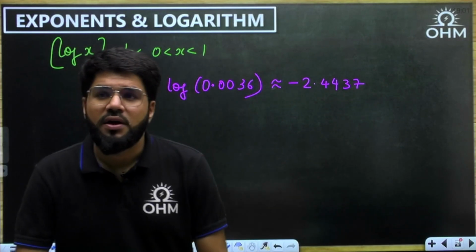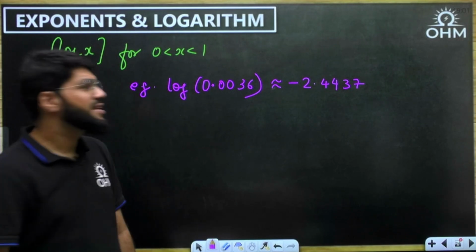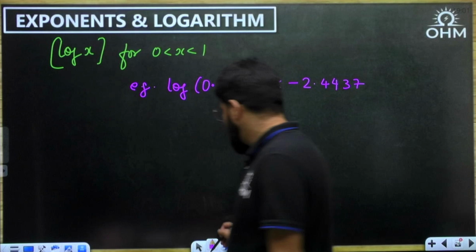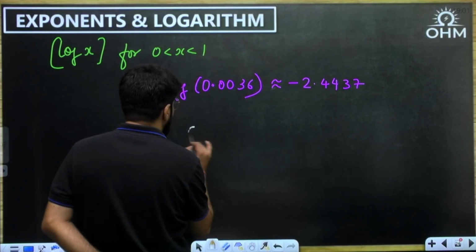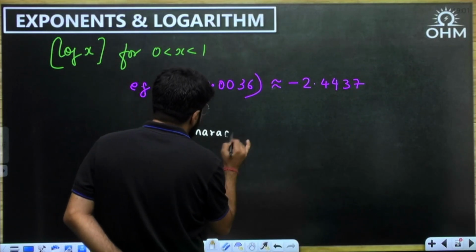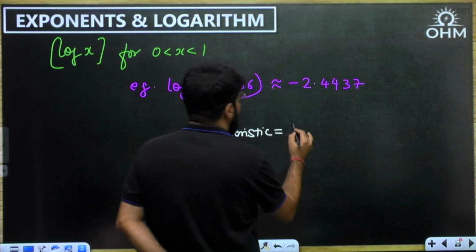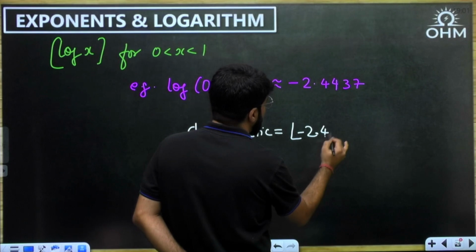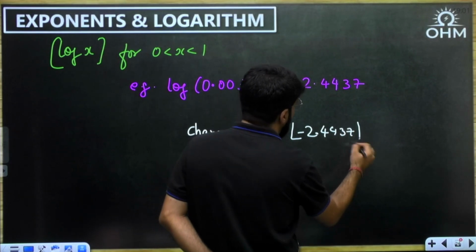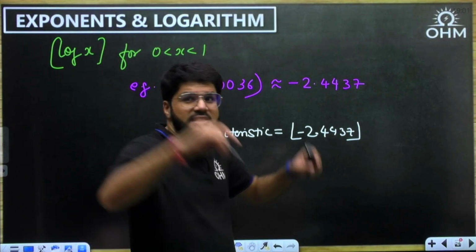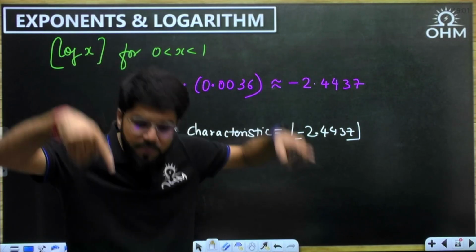Now, dear, what is the characteristic now? What is the floor value now? As I told you, the characteristic is known as the floor value. Now, minus 2.4437, what is the floor? Is it minus 2? Floor means, as I told you, the integer below.